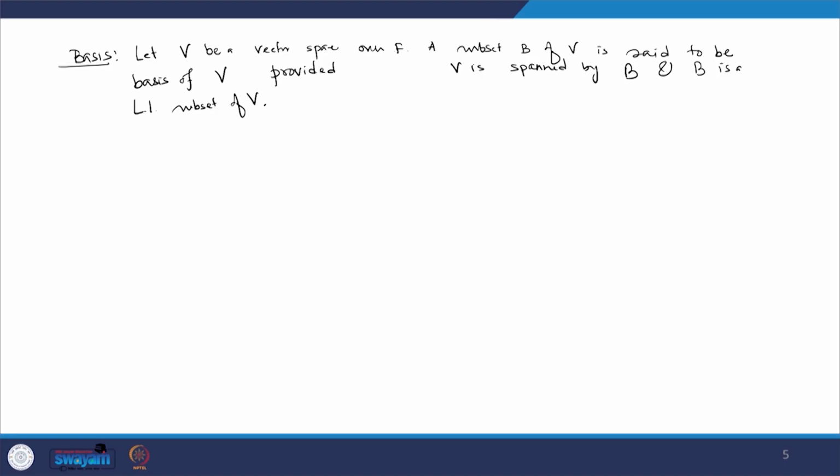I mean to say, the linear span of B equals V, L of B equal to V, and B is a linearly independent subset of V.